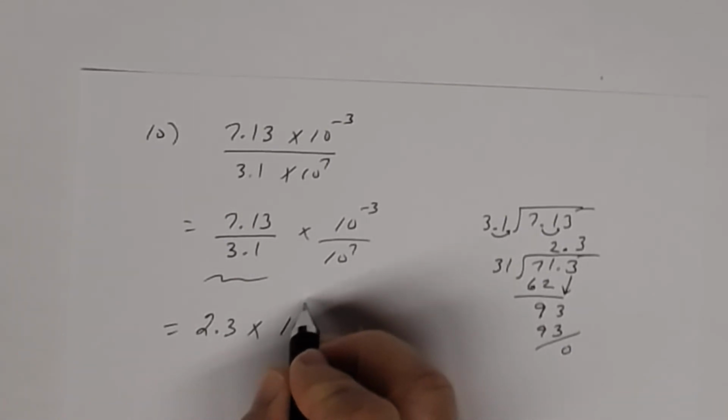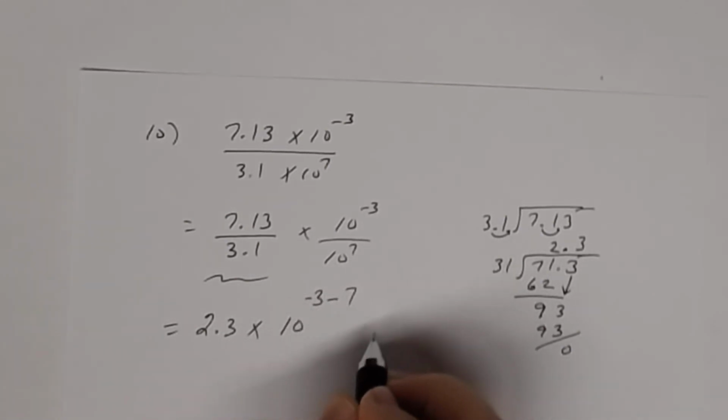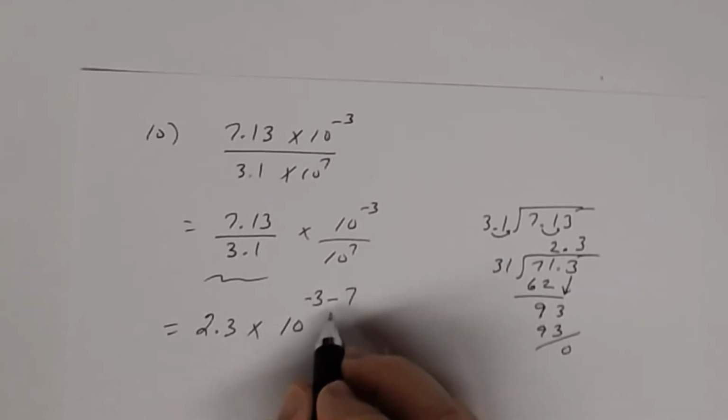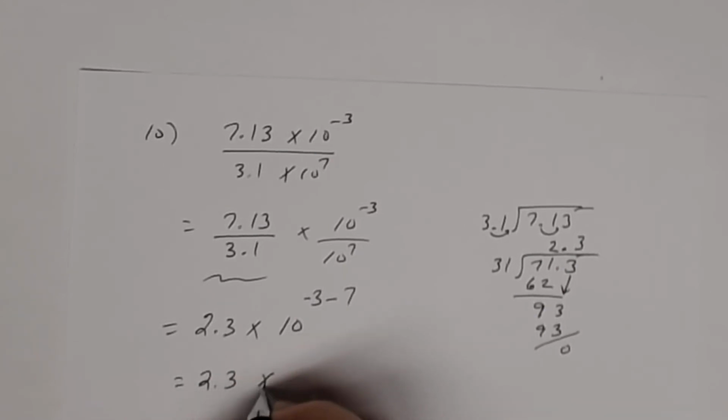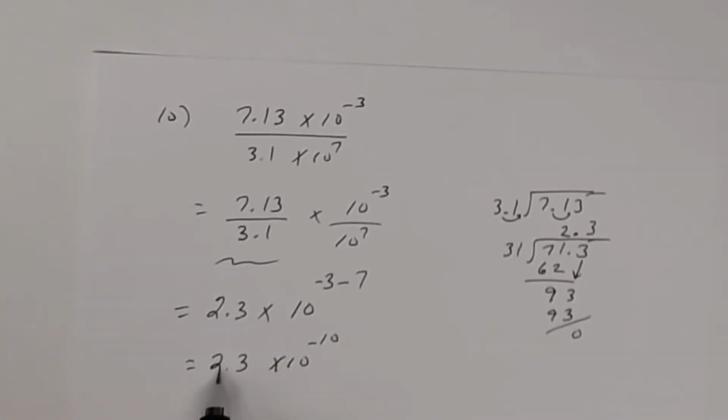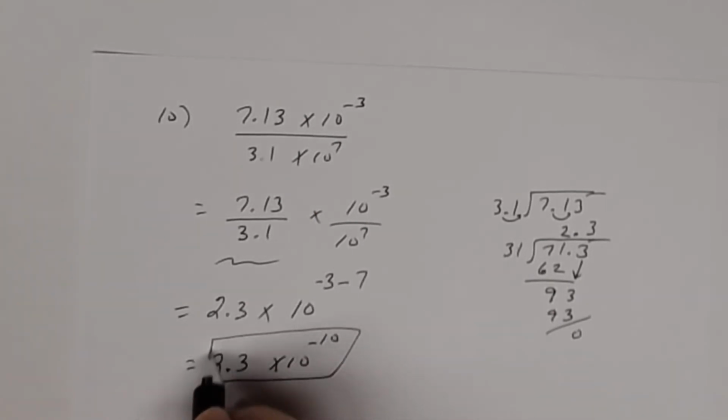So that's times 10 to the negative third, subtract 7. Now, negative 3 and a negative 7 is a negative 10. So that's 2.3 times 10 to the negative 10. Now, notice this time it's already in scientific notation, so I'm done. You see right here, there's only one digit in front of the decimal point, and it's not 0. So that's it. That's your answer.